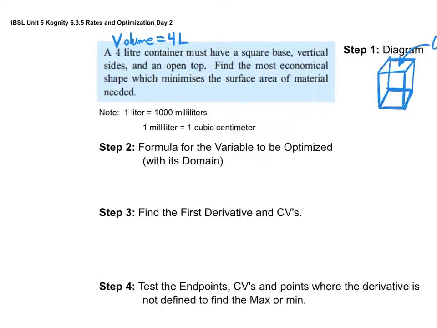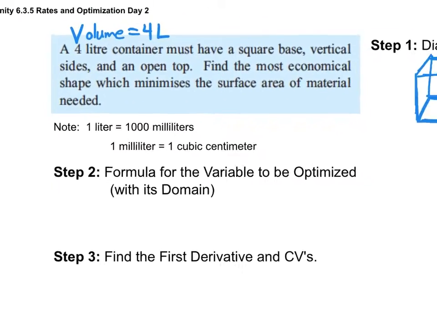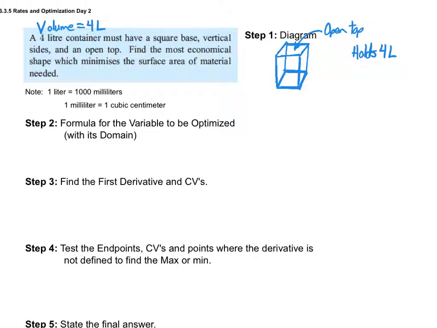Now, I have a little conversion here because if we're talking about lengths and distances and areas, I need a unit of measure that is related to lengths and whatnot, okay? So 1 liter is 1,000 milliliters, and a milliliter is a cc.